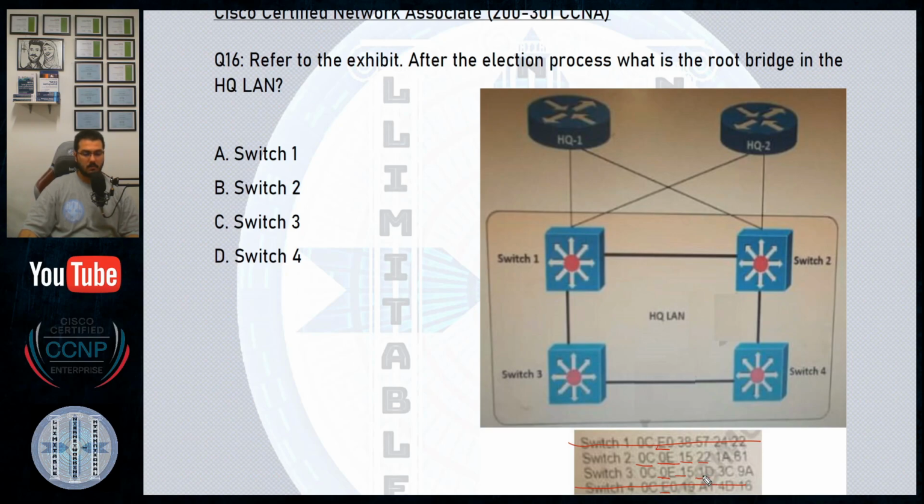What do you think? Which one is smaller here? Should we do some calculations or just go with 1D? I will go with 1D. I think 1D would be the lowest MAC address here, and thus I should choose C for question number 16.